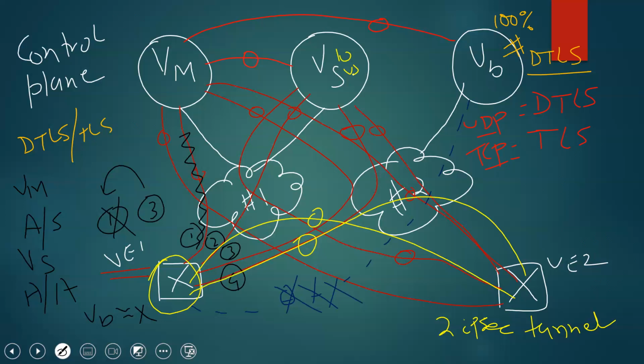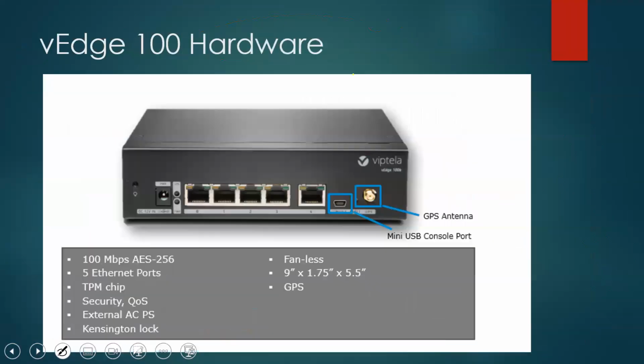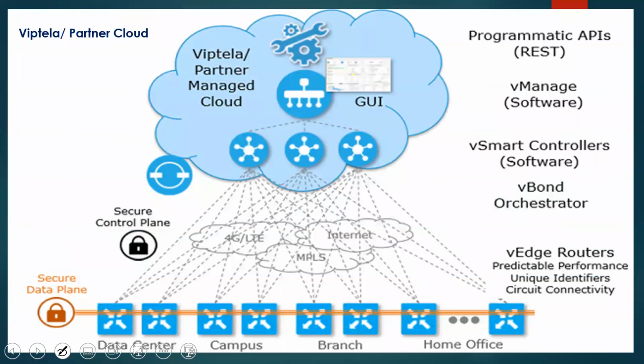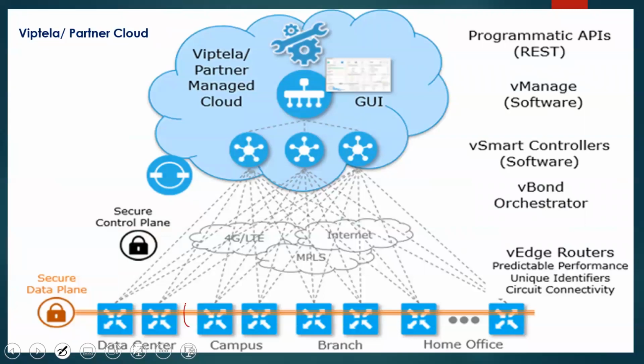Okay, any doubt in this? Now if I show you this diagram, you will understand this fully. You can see in this diagram that these are your IPsec tunnels forming, and these are your control connections going from edge to controllers.